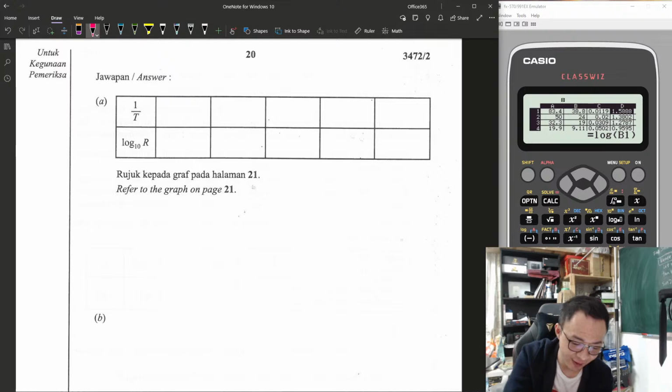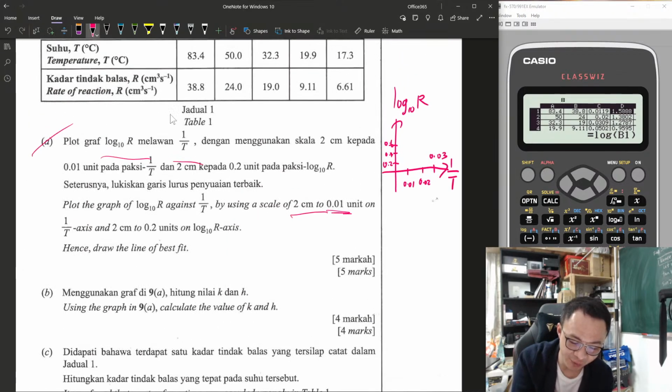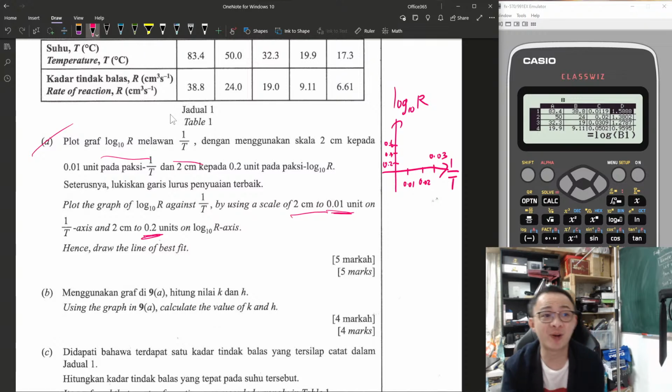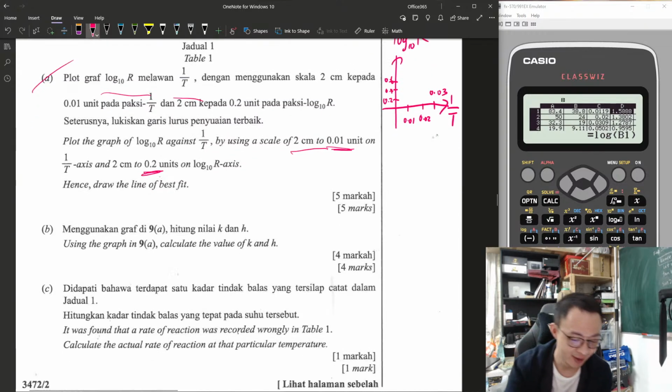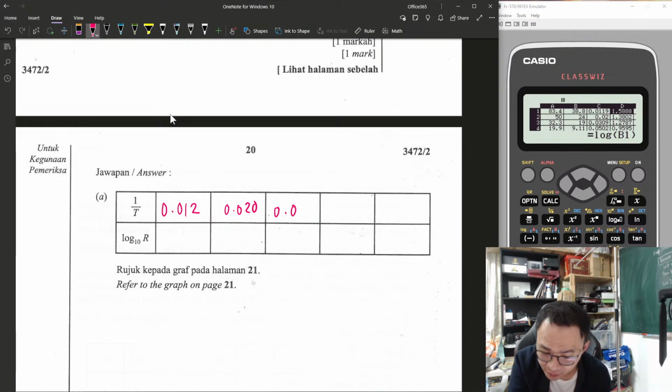So okay, how many decimals should we take based on the given here? If here gives 2 decimals, I will take 3 decimals. If here gives me like 1 decimal, I will take 2 decimals. Just always add 1 decimal from the scale given here. So the first one I take 3 decimals, so it will be 0.012, this is 0.020, 0.031, 0.050.